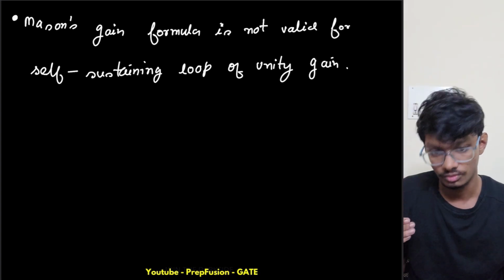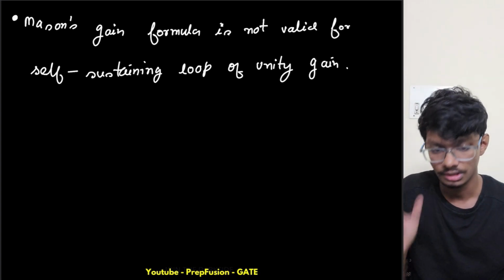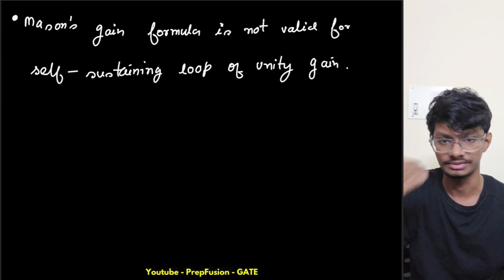So what we have to do is remove the self loop, then calculate using Mason's gain formula.